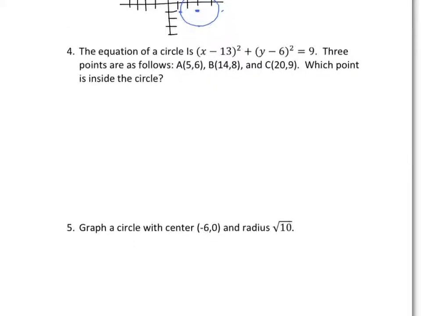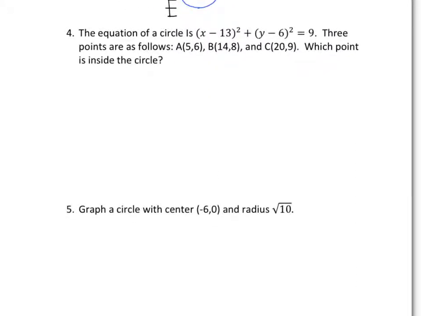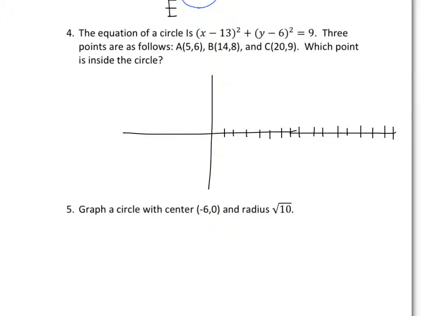Number 4. The equation of the circle is (x - 13)² + (y - 6)² = 9. I'm going to plot that quickly. I'm going to need a little more space. So x minus 13: 1, 2, 3, 4, 5, 6, 7, 8, 9, 10, 11, 12, 13. I'm going to need 3 more because the radius is 3: 14, 15, 16.